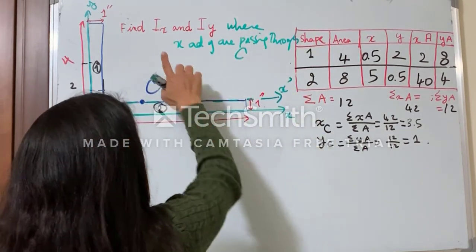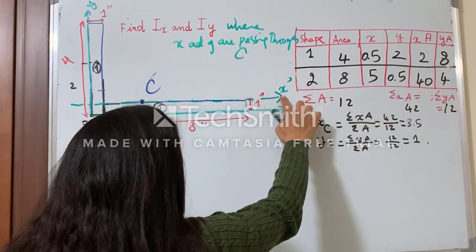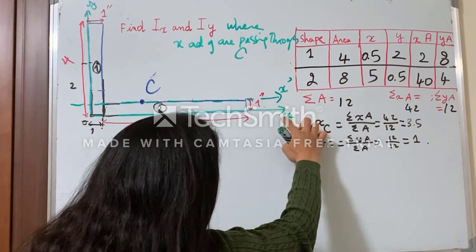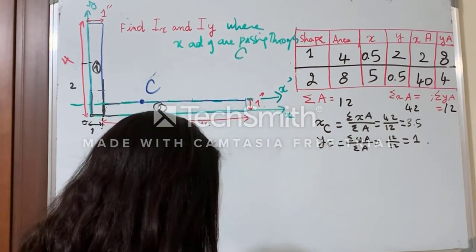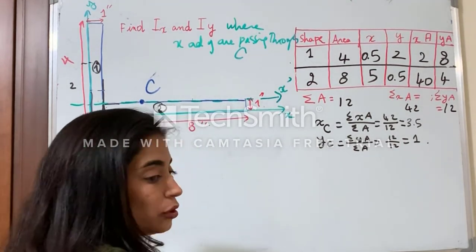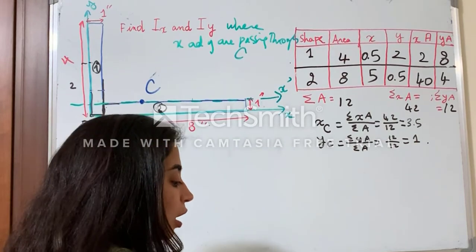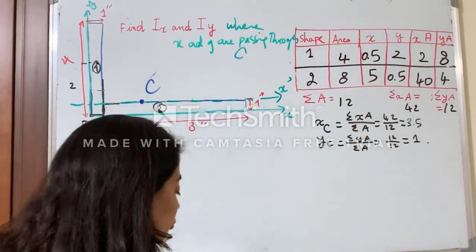Alright, so pay attention, guys. This Ix is about the axis passing through C, which means it is about x prime parallel to x passing through C. And in order to do this, guys, I should also apply the method of the table for the centroid. It will give me I directly by doing the sum of Ix, alright? So how to do this, guys?